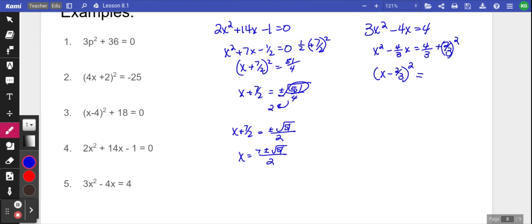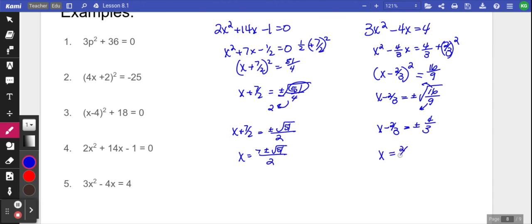So I have 4/3 plus 2/3 squared, which is 16/9. Then I have x minus 2/3 equals plus or minus square root of 16/9, which both get to come out. So x minus 2/3 equals plus or minus 4/3.